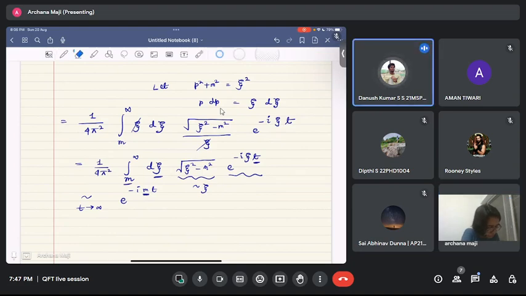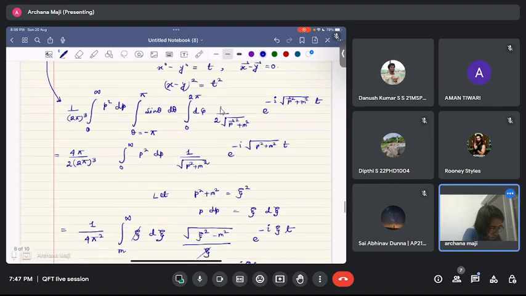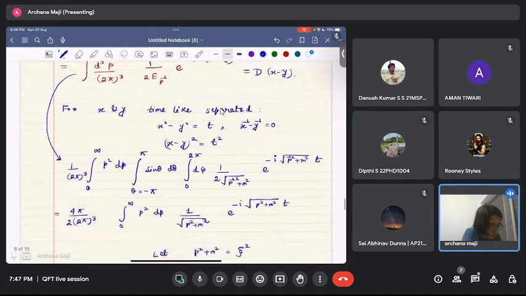Why are we considering t as a limit? Because the integral runs over eta, right? The way we have taken the separation is x0 minus y0.